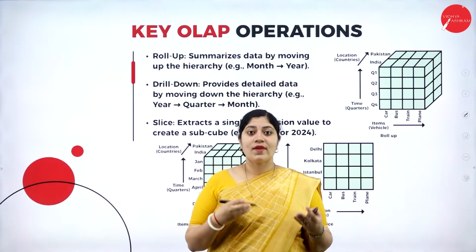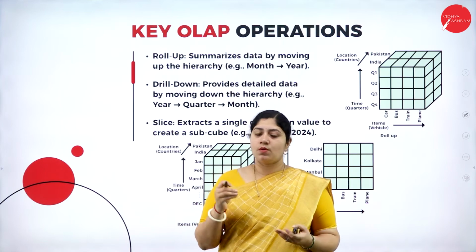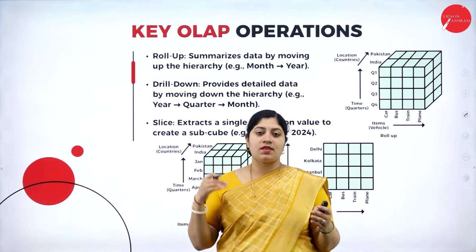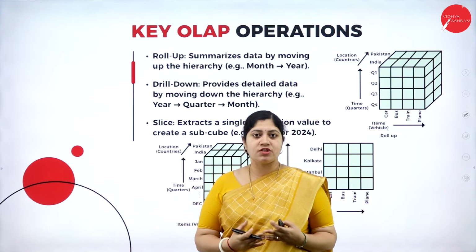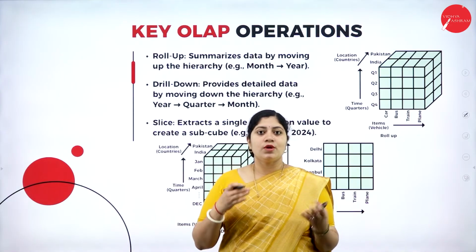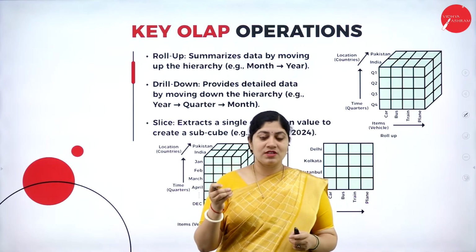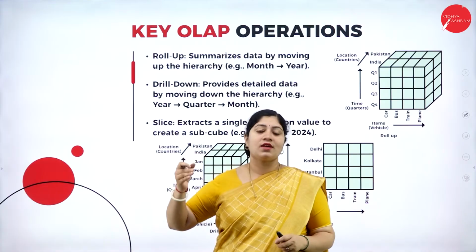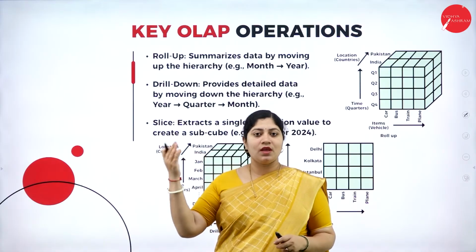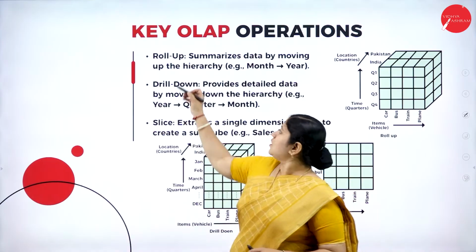Moving forward, now let's see what the key OLAP operations are. As we understood, OLAP is a very important thing, and there are multiple applications used in real-time analysis and more. So it becomes crucial to understand the key operations that support making those key decisions or making those applications possible. The first one is roll up.